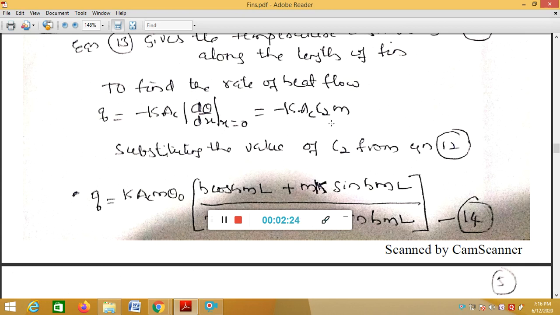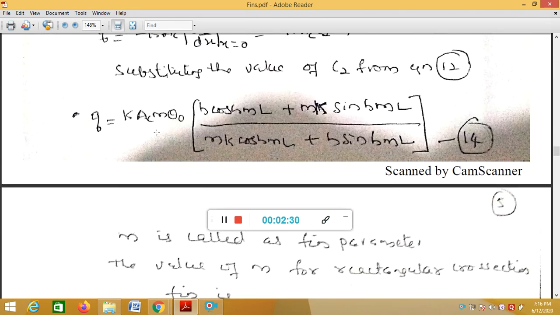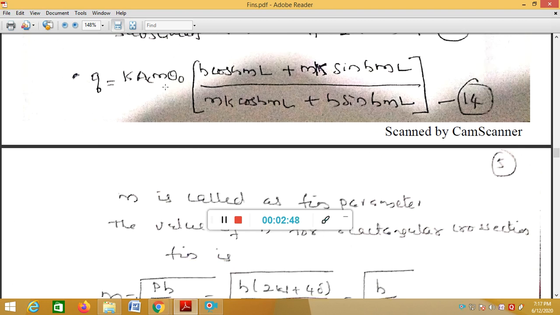So substitute the value of C2 from equation 12, and we will get Q equals k AC m theta 0 (h cosh mL plus mk sinh mL) divided by (mk cosh mL plus h sinh mL). So this is the equation for heat transfer with film.